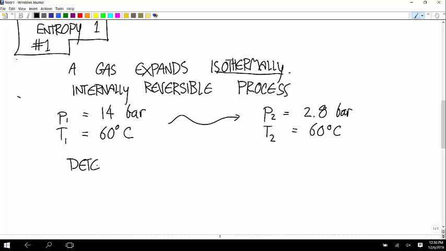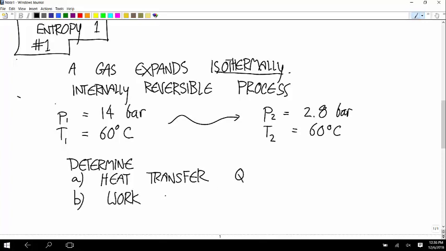So we're going to determine the heat transfer and the work.